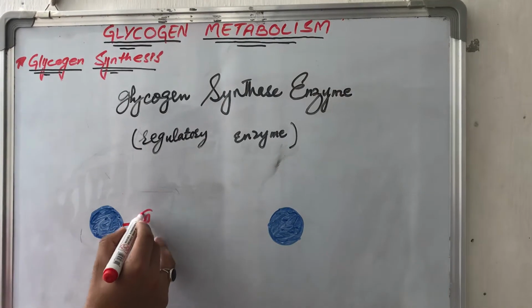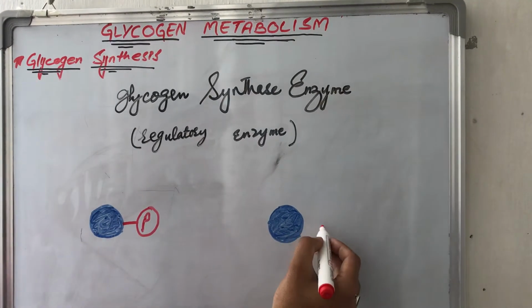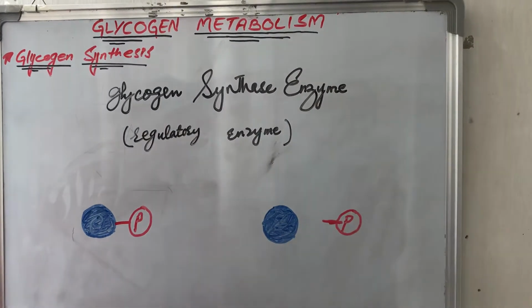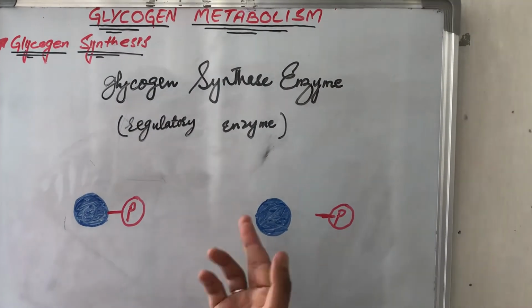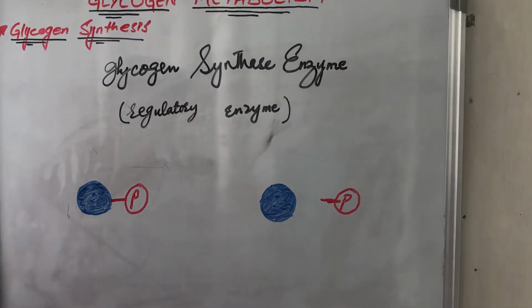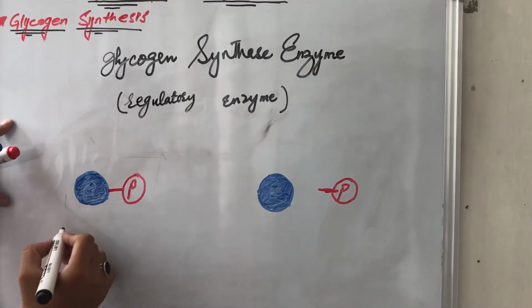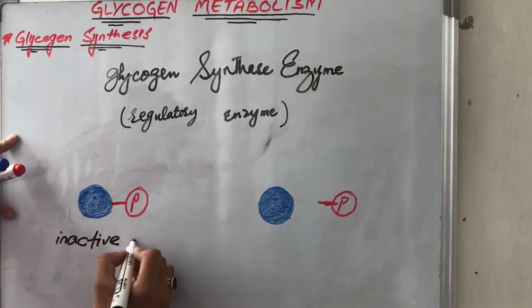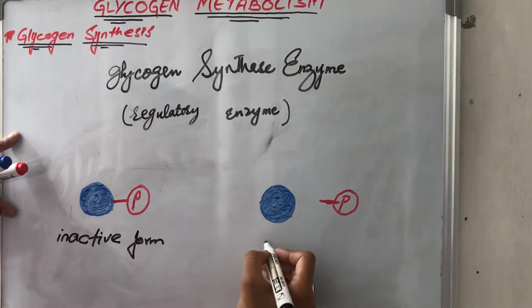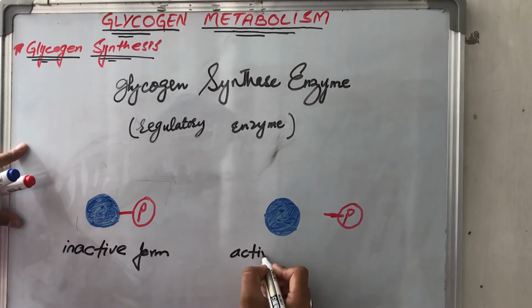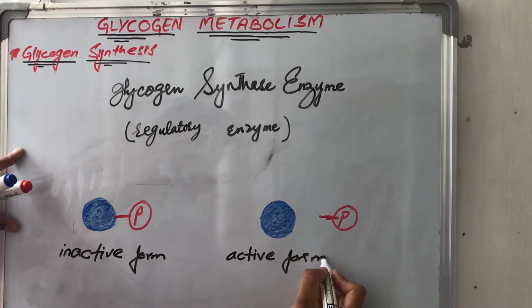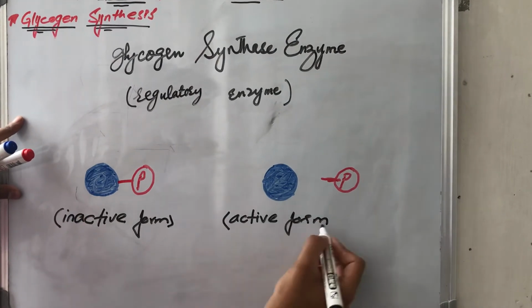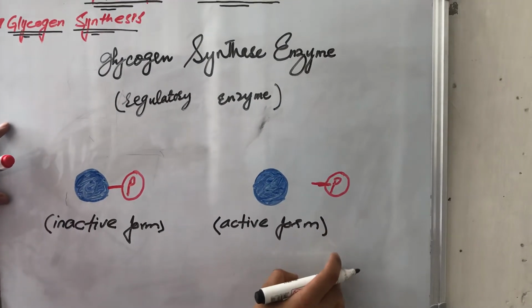If it is phosphorylated, it means it is the inactive form, and if the phosphate group is removed from the glycogen synthase, then this is the active form. So this is the inactive form, and this is the active form. It is not phosphorylated.